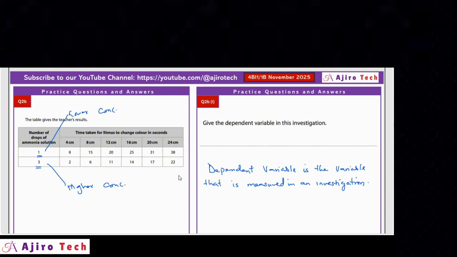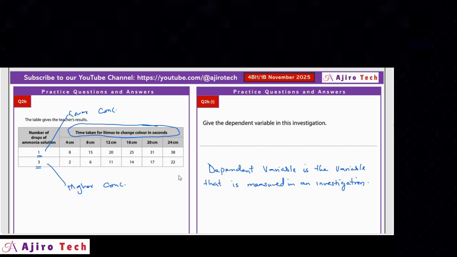So let's look at this investigation. What are we measuring, or what has the teacher measured? You will see that the teacher has measured the time taken for litmus paper to change color.